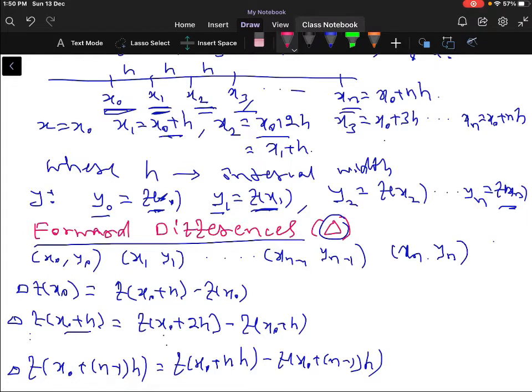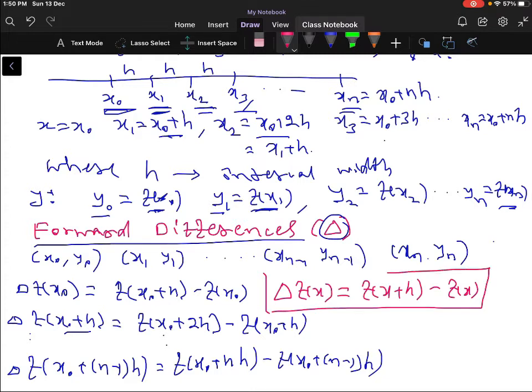Generally, we define the first forward difference of the function f of x, that is delta of f of x, as f of x plus h minus f of x, where delta is the symbol, that is the forward difference operator.